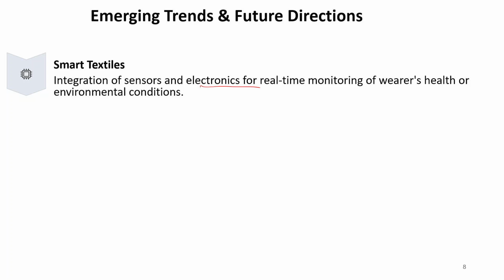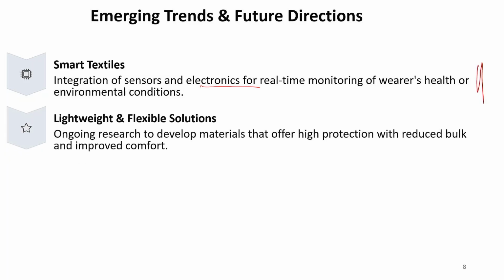So, in protective textiles like a bulletproof vest, we can incorporate this type of smart sensors which will monitor the soldier's or police personnel's health and the environmental conditions through the electronic sensors.